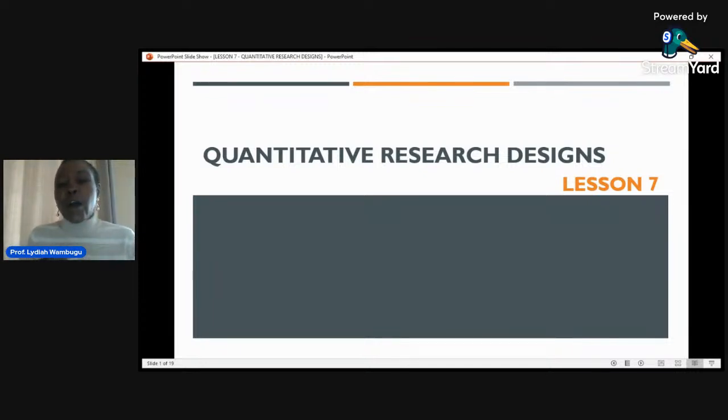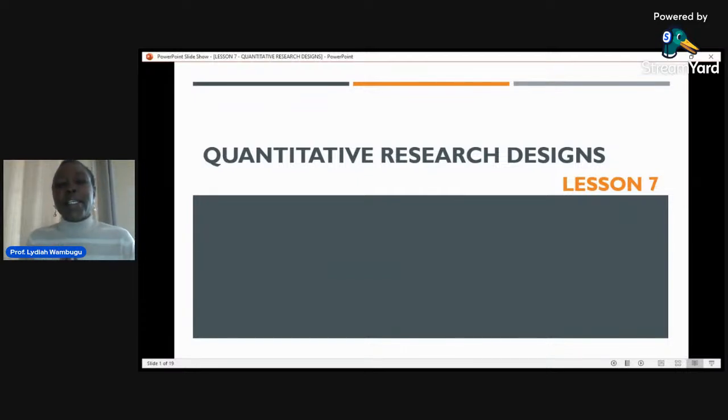That is where we talk about quantitative, qualitative, and mixed method when you combine the 2. As we move on with these lessons, we will be differentiating between mixed method and mixed mode research. There is a difference between the 2.